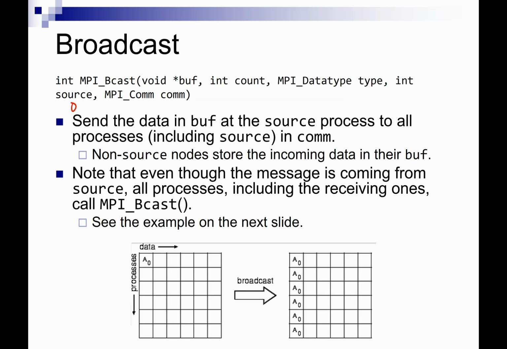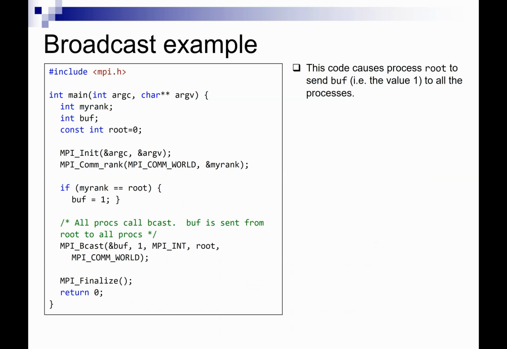But because every process is running the same program, all of the other processes will also be calling MPI broadcast. Let's do this with an example. Let's say that we have a root node, which is node 0, the node with rank 0, and the root node wants to broadcast a value of 1 to all of the other processes.